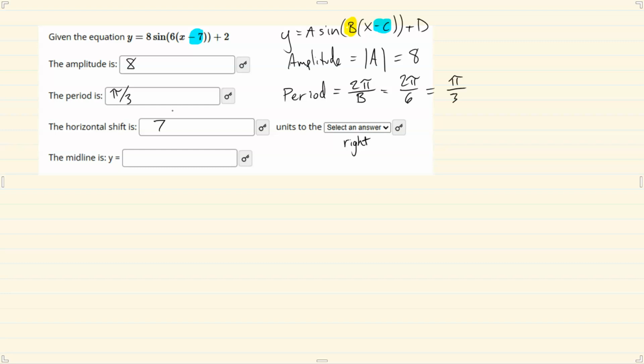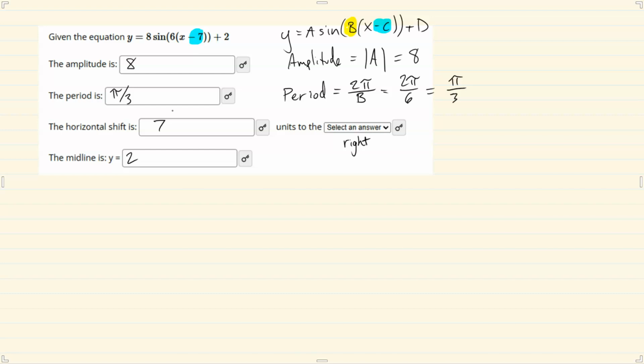It shifts the entire sine function up 2 units from what we have so far. So rather than being centered at the x-axis, it's centered at y equals 2. That's based on the value of d.